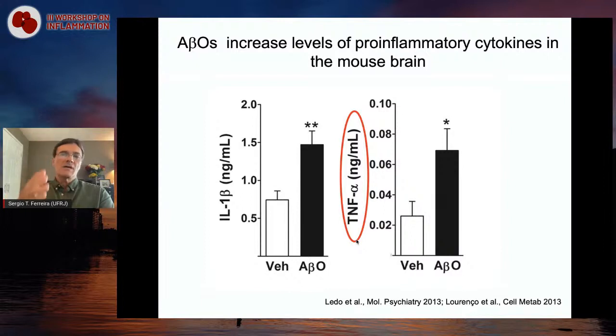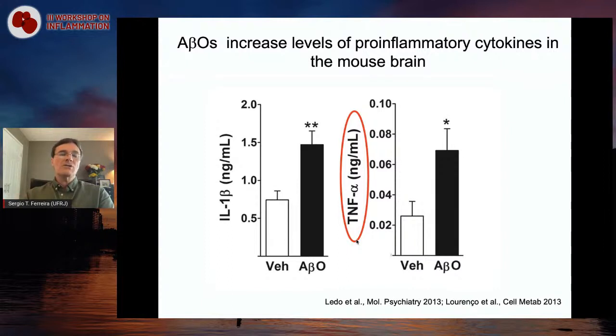So there is an activation of a signaling pathway, or multiple signaling pathways, in fact, that culminate with memory impairment in these mice. And it's mostly initially triggered by TNF-alpha, which comes from microglia.